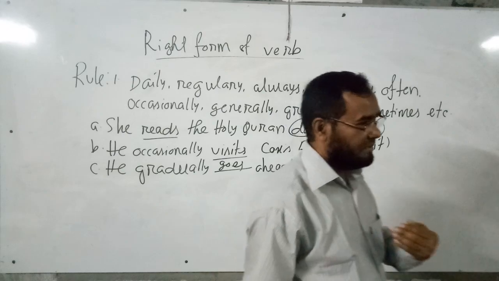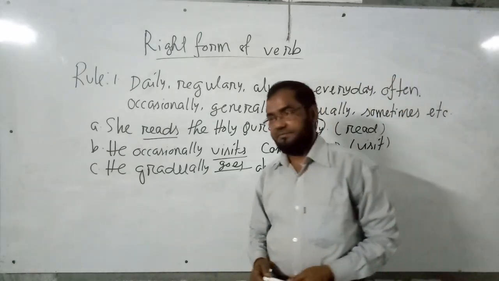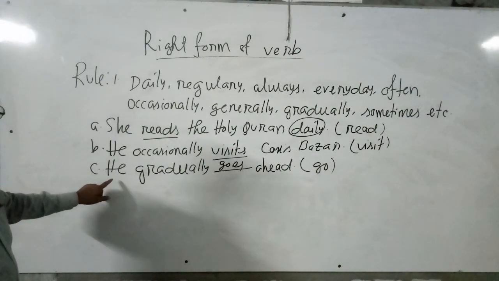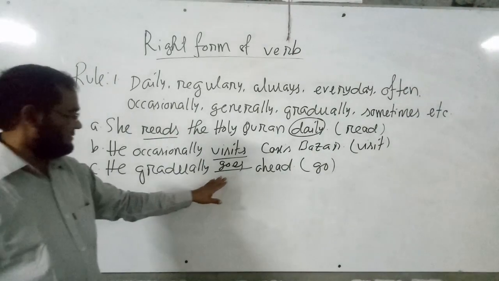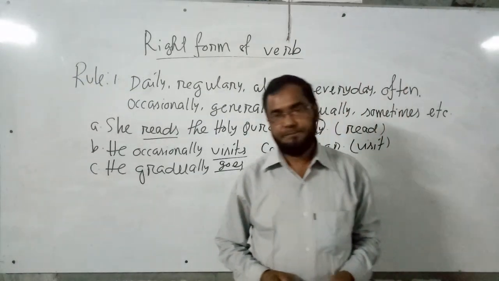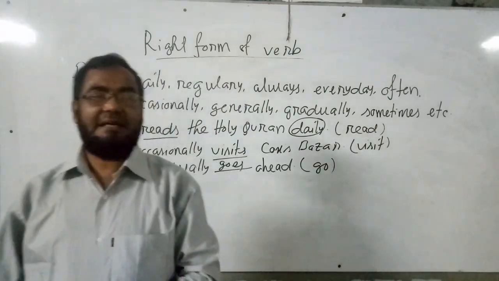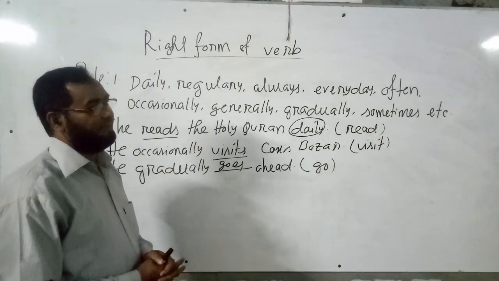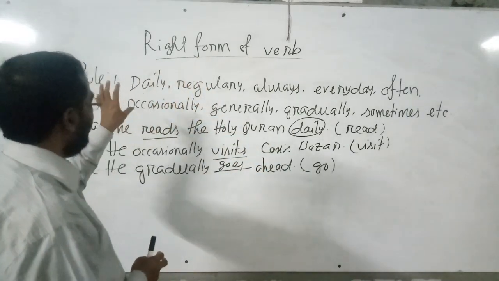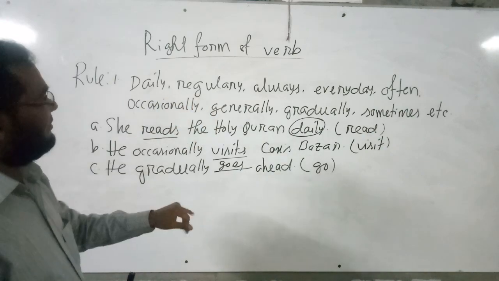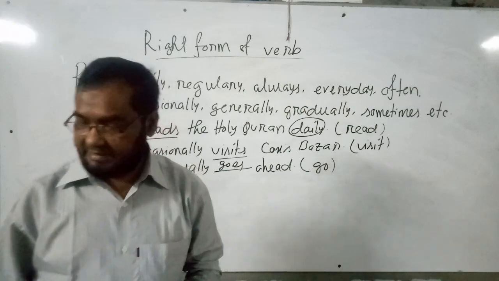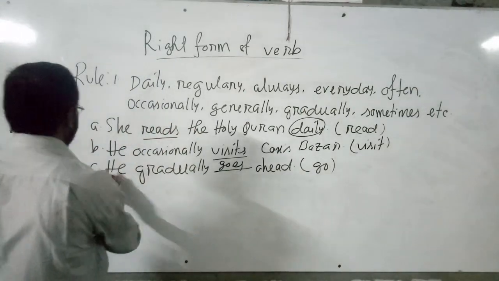Ahead means move, come forward, go ahead. Here also the same reason: the subject is third person singular number and es will be added with the verb go. Okay. In this way, at the time of making the correct form of verb in a passage, you have to use such rules, and you have to use the correct form of verb by following the words given in the sentence. Okay.